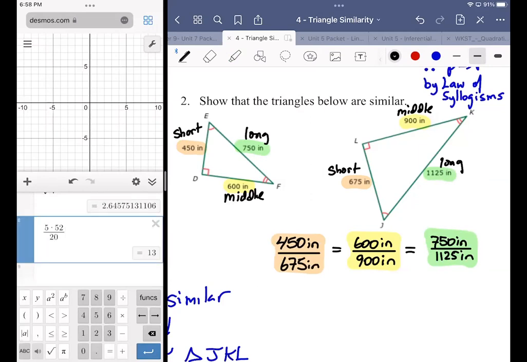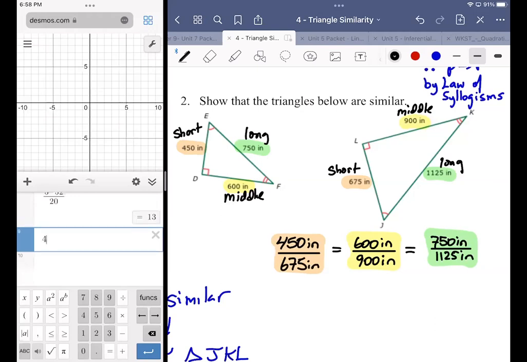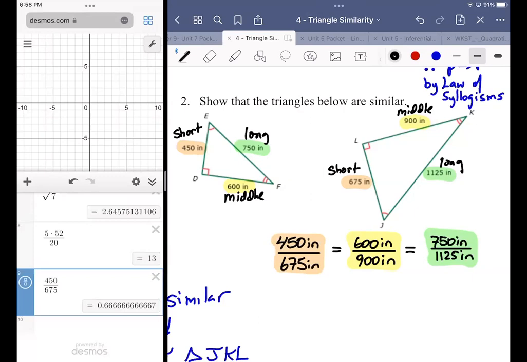So what I want to do is reduce each one of these fractions and make sure that they're all equivalent. They should all be equivalent, making the triangle in proportion. All right, so I type in the fraction, it gives me a decimal, and in Desmos, I just tap on that little fraction icon, and it'll convert it over into simplest fraction form.